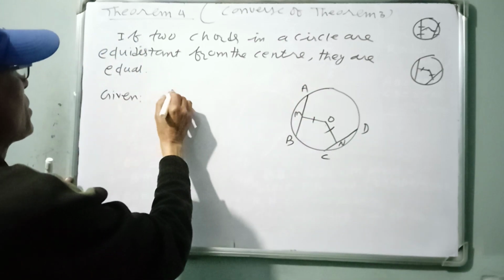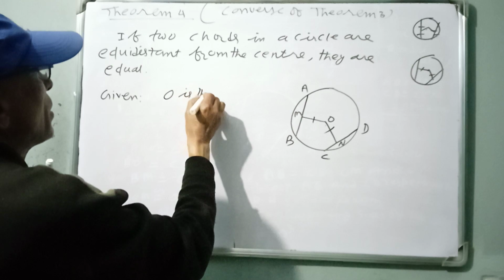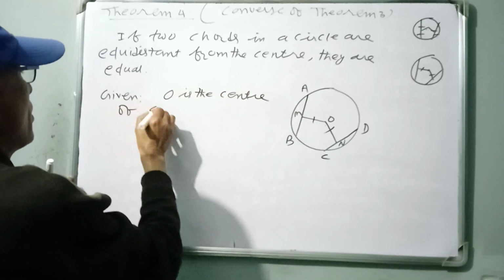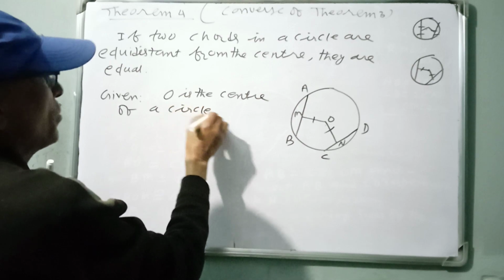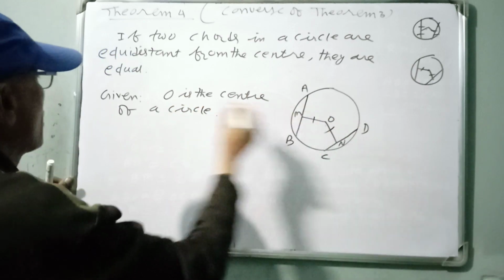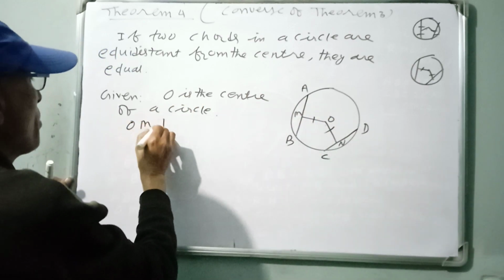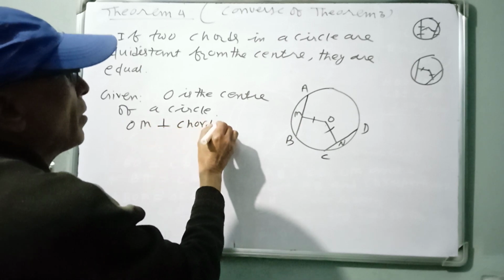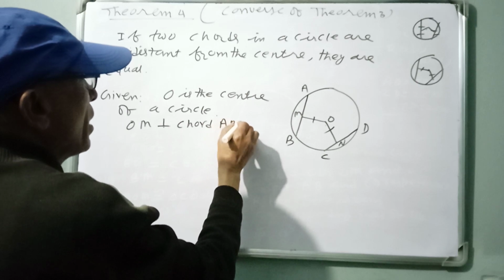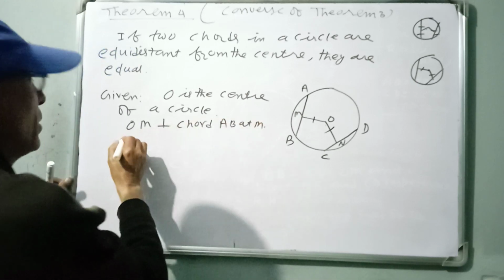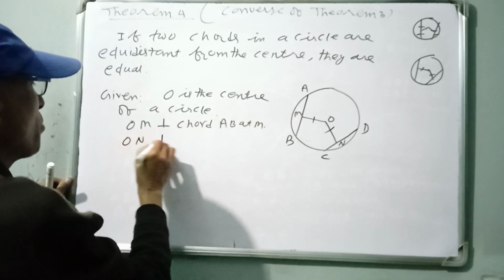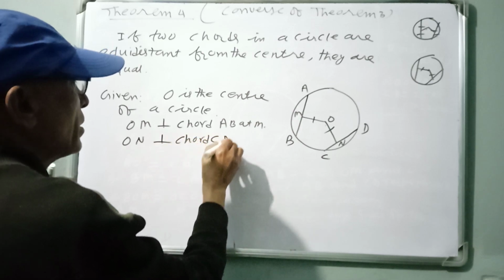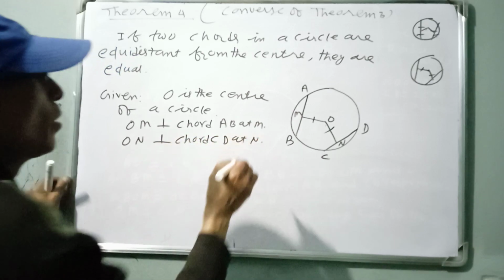So given condition is O is the center of a circle. OM is perpendicular to chord AB at M. In the same way, ON is perpendicular to chord CD at N.